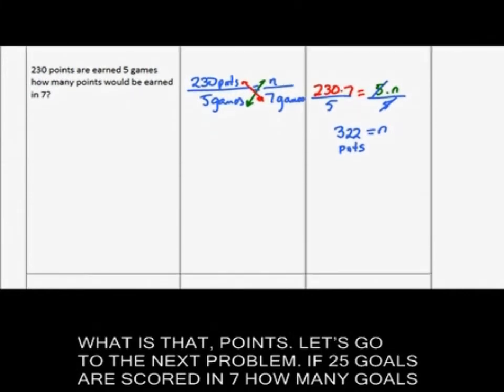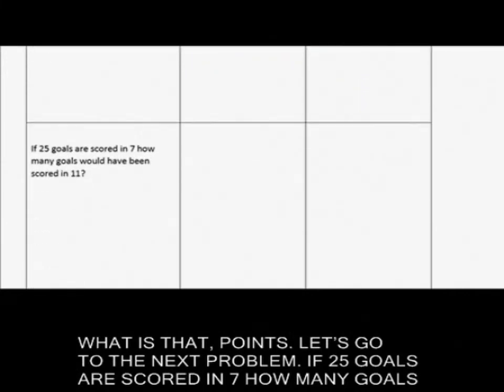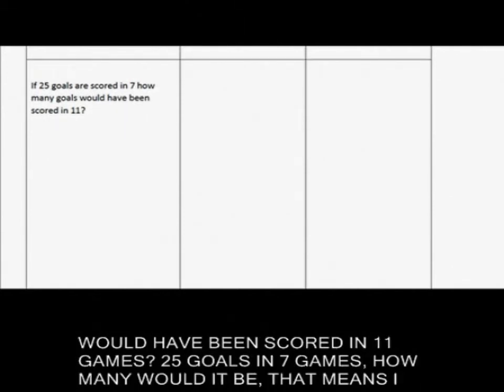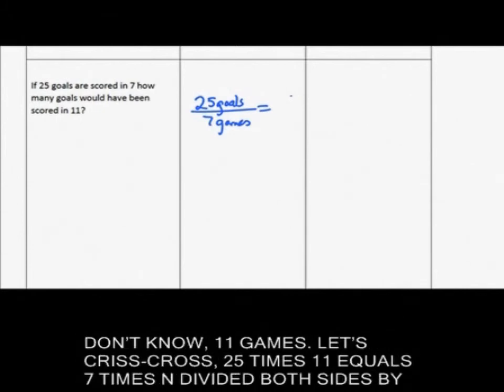Let's go to the next problem. If 25 goals are scored in 7 games, how many goals would have been scored in 11 games? 25 goals in 7 games. How many would it be? That means I don't know, in 11 games. Let's crisscross. 25 times 11 equals 7 times n.